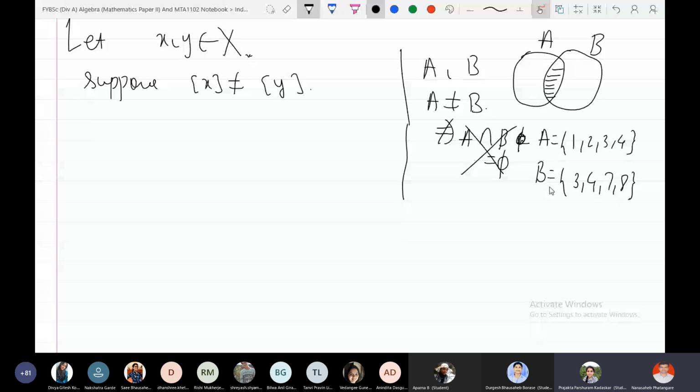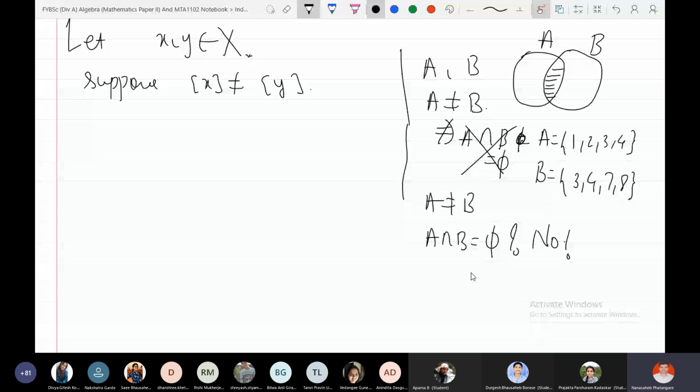No, sir. A is not equal to B. And are they disjoint? No, sir. So two sets being not equal does not mean that they are disjoint. They might be overlapping. There might be some overlapping part.